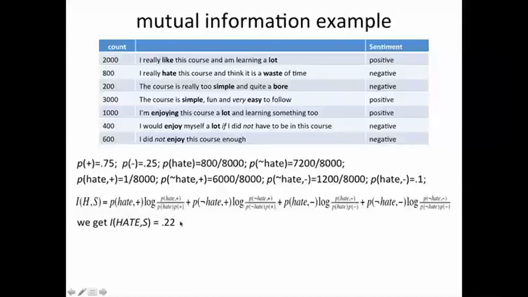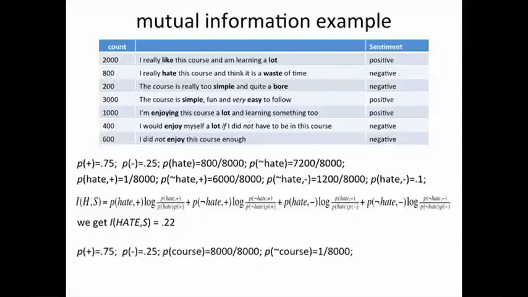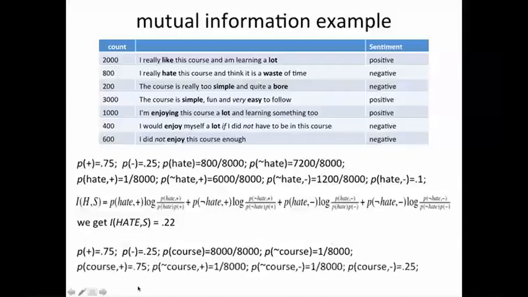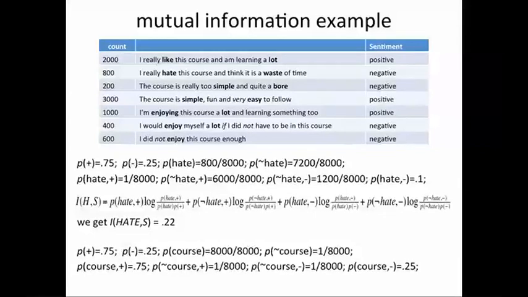Well, is this good or bad? Let's check another word, the word coarse. It occurs in all the comments, so the probability of coarse is just 1, and the probability of not coarse is actually 0, but we smooth it by making it 1 over 8,000. The joint probability of coarse for positive comments is just the fraction of positive comments because it occurs in all positive comments.